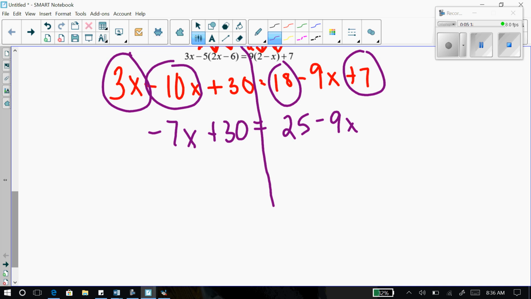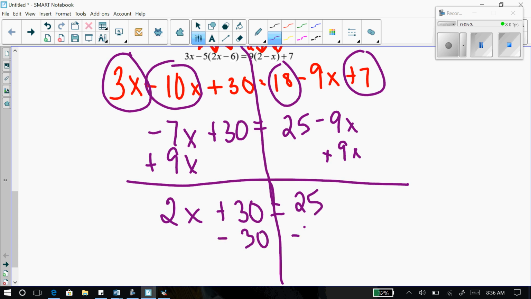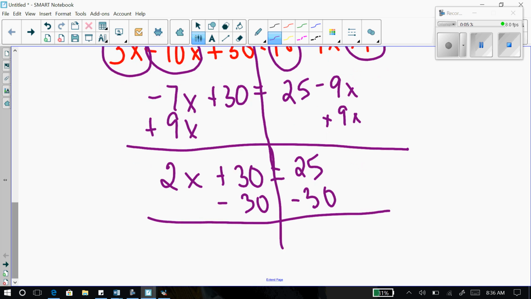And now go ahead and solve. Add 9x, add 9x. We get 2x plus 30 equals 25, minus 30, minus 30. 2x equals negative 5.